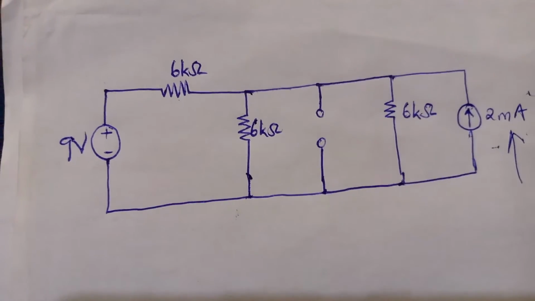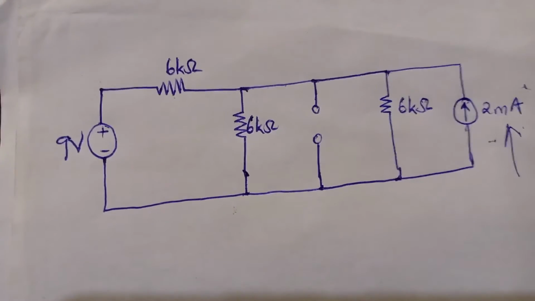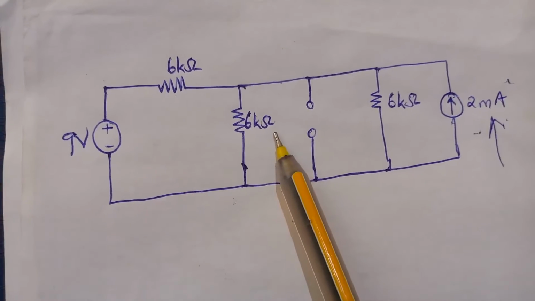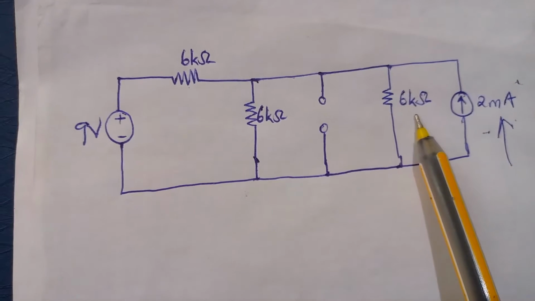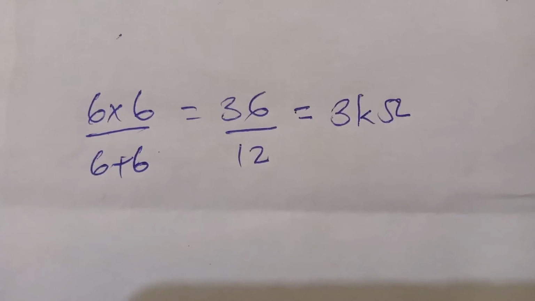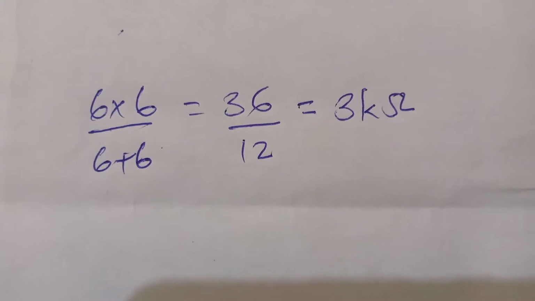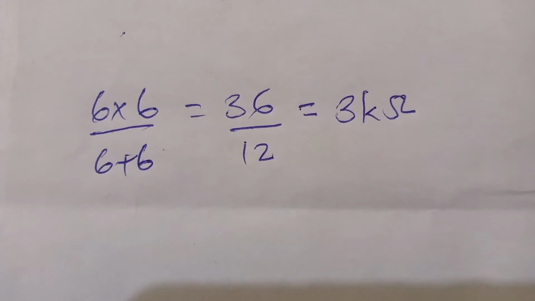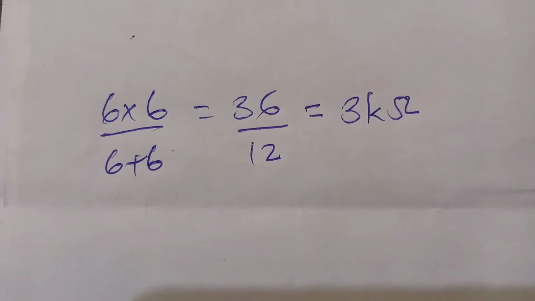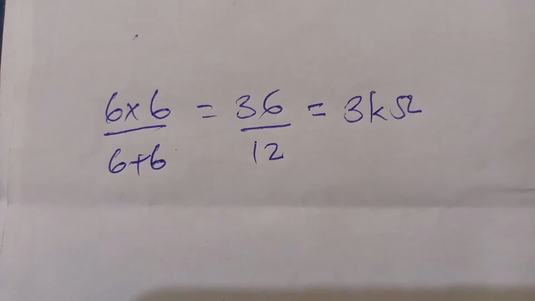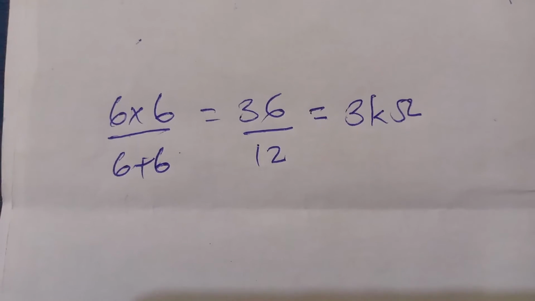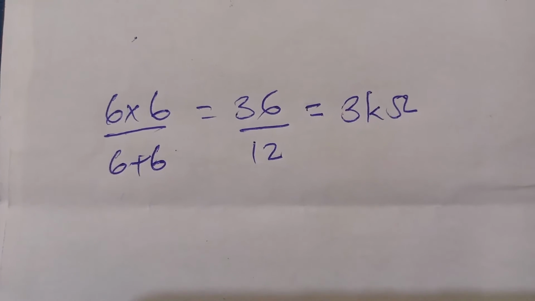Now, let us determine the effective resistance of this 6 kilo ohm resistor and this 6 kilo ohm resistor. How do you determine it? We just use the normal high school technique of product over sum, because there are only two resistors in parallel. Therefore, 6 times 6 over 6 plus 6 gives us 3 kilo ohms.